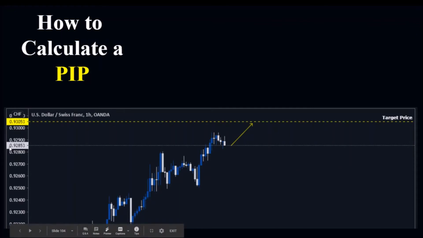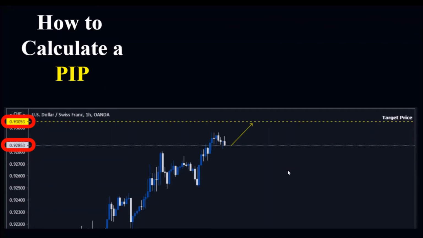Here you can see that price is currently at 0.92853, and I would like to see price go to 0.93053. So in order for price to make that movement, it's moving in terms of pips. It would have to make a move to the upside, right? So like I said, we're currently at 92853 and we want to go to 93053.